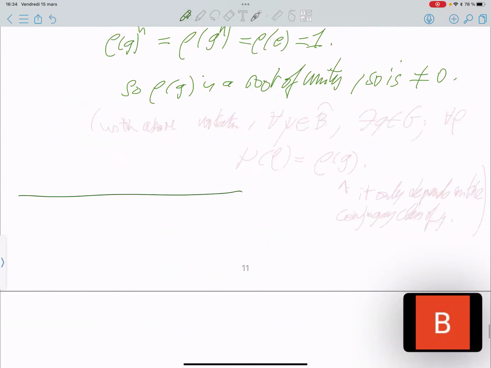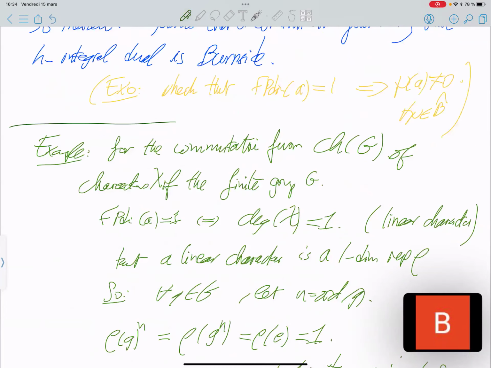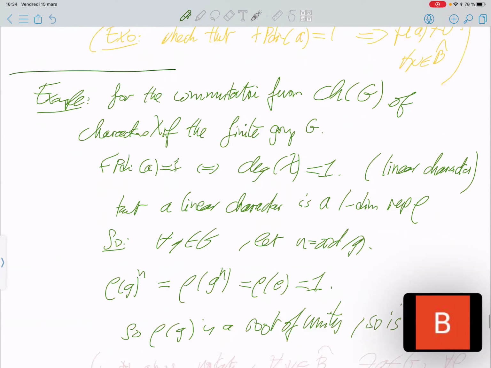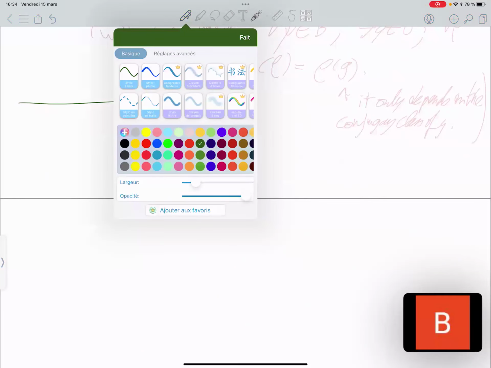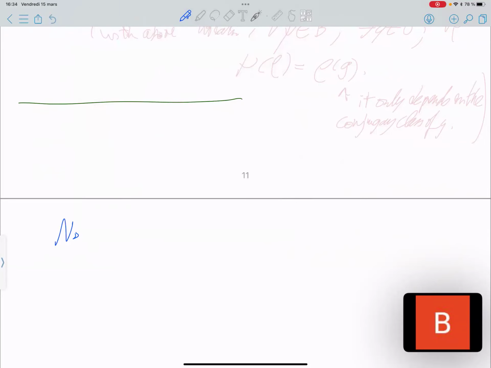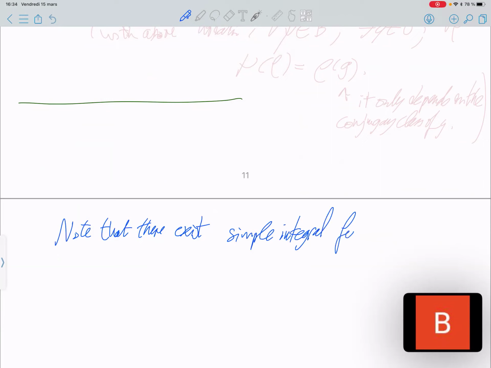Next. There exist simple integral fusion rings which are not Burnside.